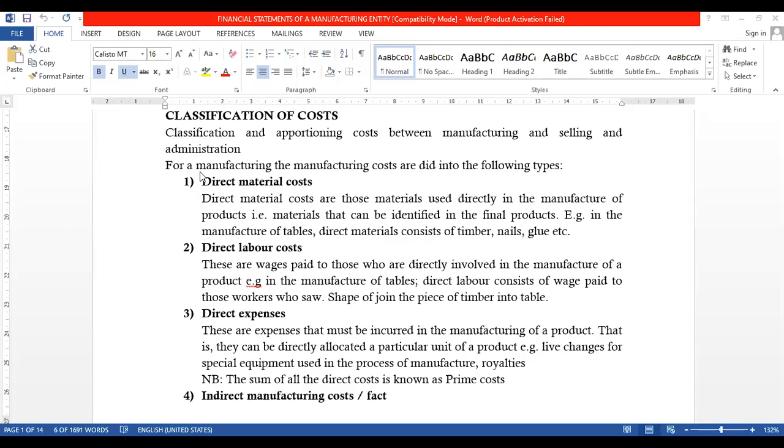Now, if you sum up direct material, direct labor cost, and direct expenses, you get something that we call prime cost.